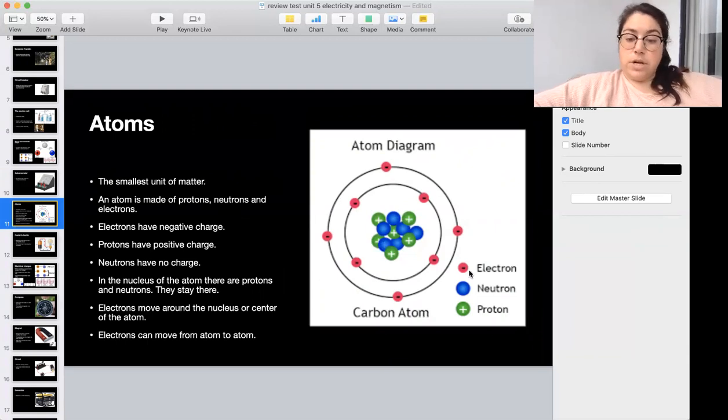Electrons have a negative charge, neutrons have a neutral charge, meaning no charge, and protons have a positive charge, okay? In the nucleus of the atom, meaning the center of the atom, you have protons here, and neutrons, and they stay there in the center. Electrons are moving around the center of the atom, and electrons can move from atom to atom.